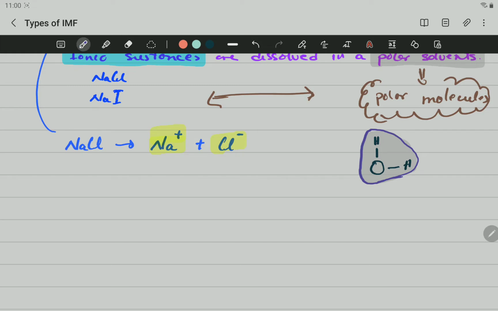We already learned about polar molecules, and about water specifically. This side is going to be slightly negative, and this side is going to be slightly positive. It doesn't mean that it's fully negative and positive, just a little bit more negative on one side and a little bit more positive on the other. So what is going to actually happen when the sodium chloride dissolves in water?